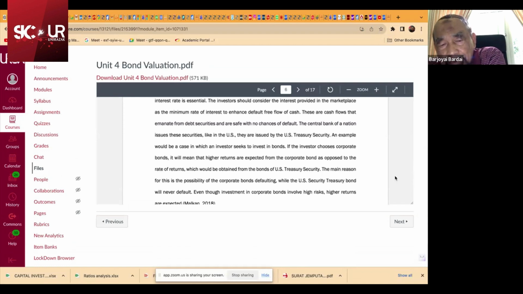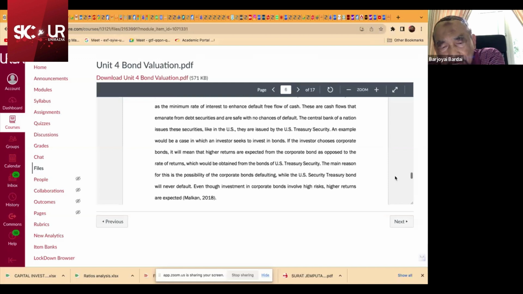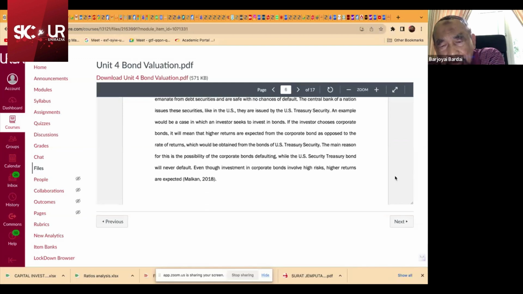The main reason for this is the possibility of corporate bond defaulting, while the US treasury bond will never default. Even though investment in corporate bond involves high risk, higher returns are expected.